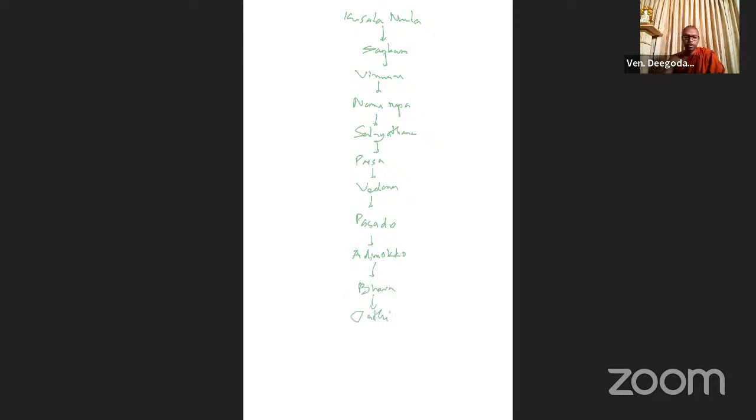And if you remember the last time we discussed about avidya, it ended up in jati as well. But after jati, there's soka parideva dukkha domanasa upayasa sambhavanti.